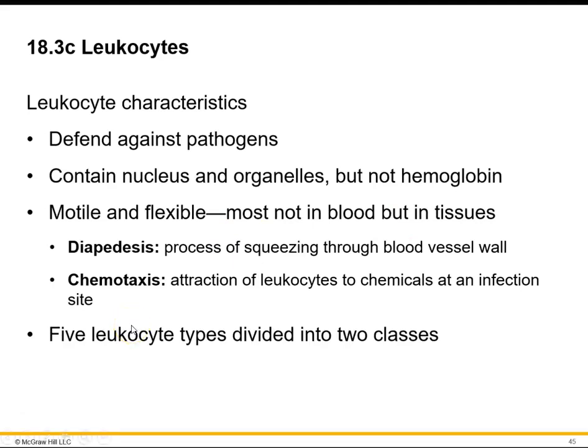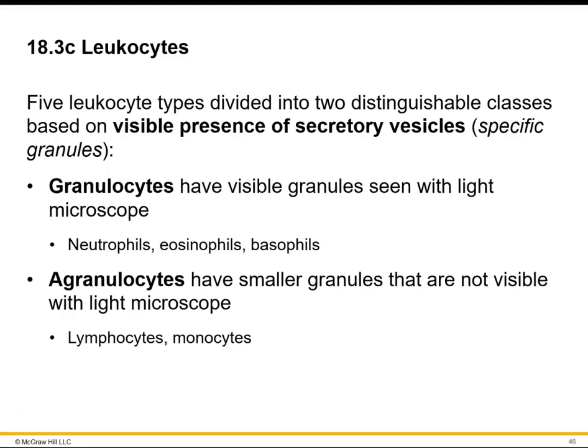All right, there are 5 leukocyte types divided into 2 classes. And these classes are going to be based on whether or not you can see secretory vesicles with a light microscope. So you have the granulocytes and you have the agranulocytes.